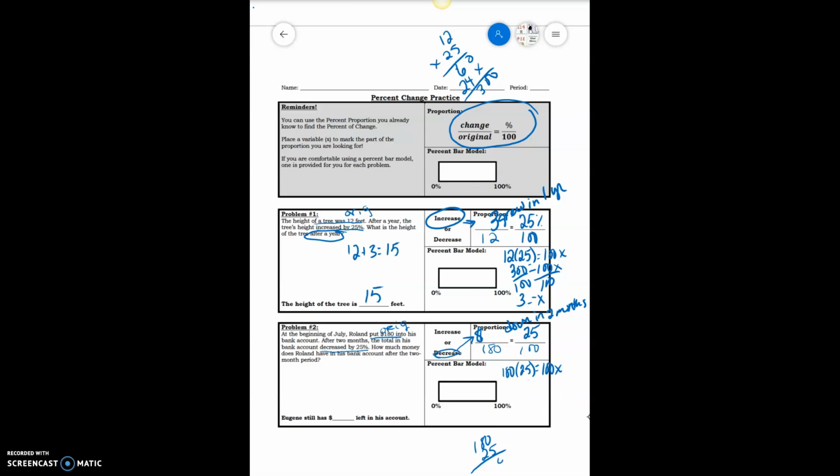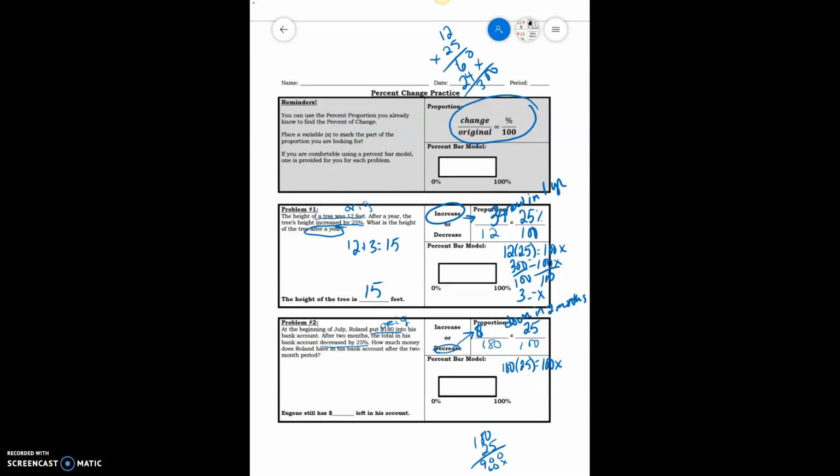We'll just work it out. 4,500 divided by 100 is 45. Now the answer of what is left in his bank account is not 45.